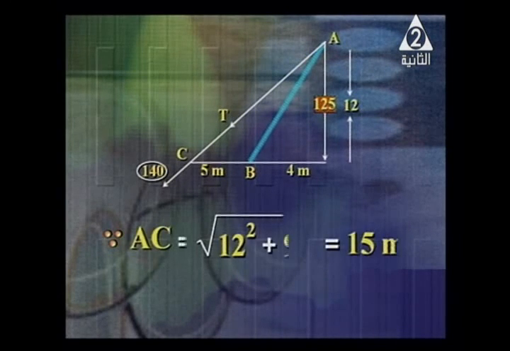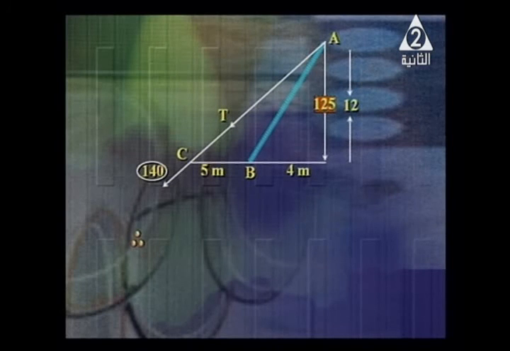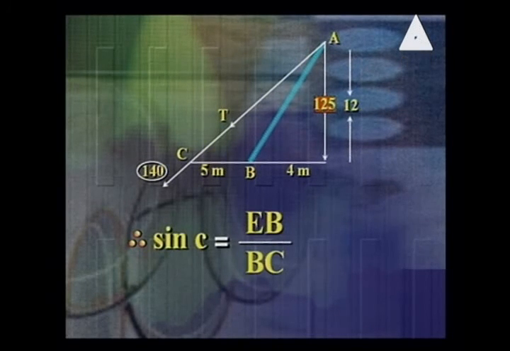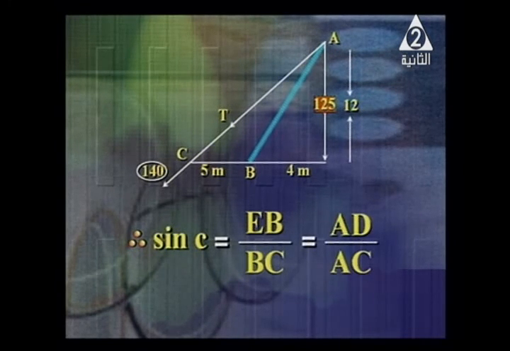Remember, dear student, we have AC equals, by Pythagoras theorem, the square root of 12 squared plus 9 squared, which equals 15, the length of AC. Then look, we find sin C by two methods: EB over BC, and sin C equals AD over AC.